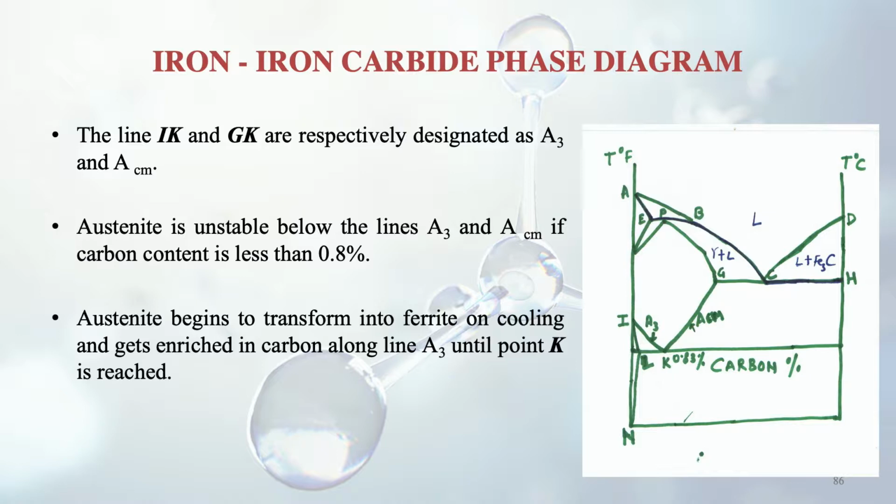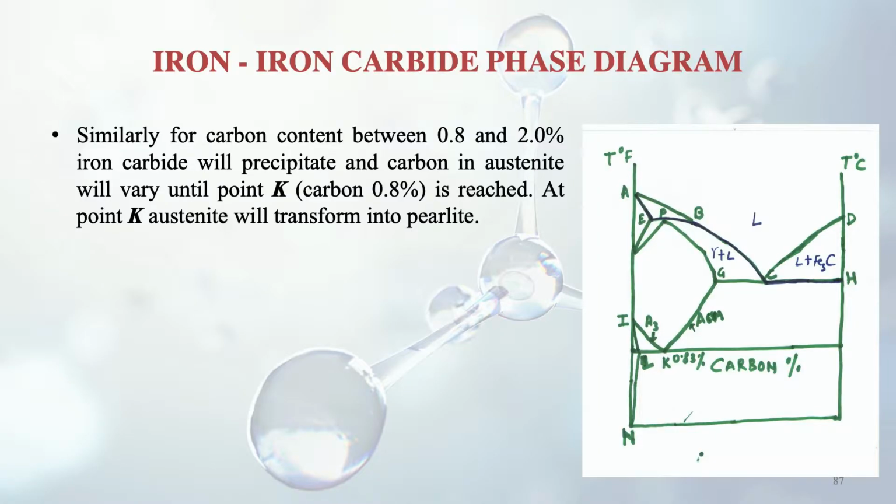Austenite at this point begins to transform into ferrite on cooling and gets enriched in carbon along line A3 until point K is reached. So IK is the line. It is getting enriched in carbon while cooling. Similarly, for carbon content between 0.8% and 2%, iron carbide will precipitate, and carbon in austenite will vary until point K, that is carbon 0.8%, is reached.